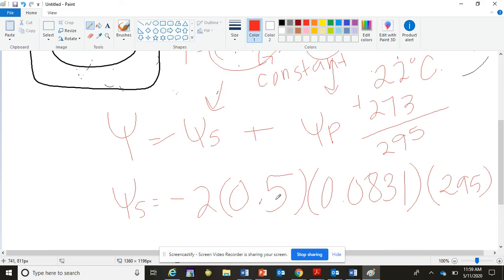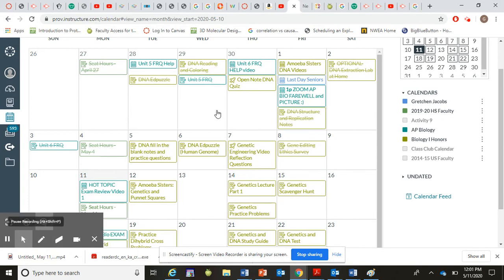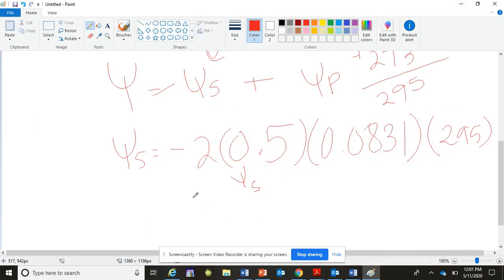But when I multiply all this together, it's going to give me my solute potential to be, drum roll, hold on. Okay, so the number I got for the solute potential, and don't forget your negative sign in the front, is negative 24.5. And so for our solute potential, the answer is negative 24.5.